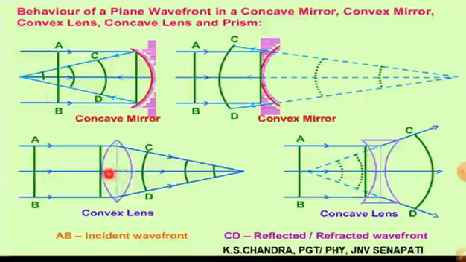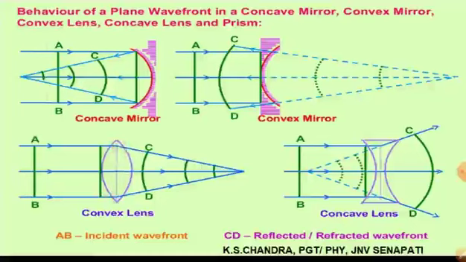The lens being a denser medium, this light ray will take a longer time. But in these two peripheries, being thinner here, the light needs to travel a smaller distance in this denser medium.